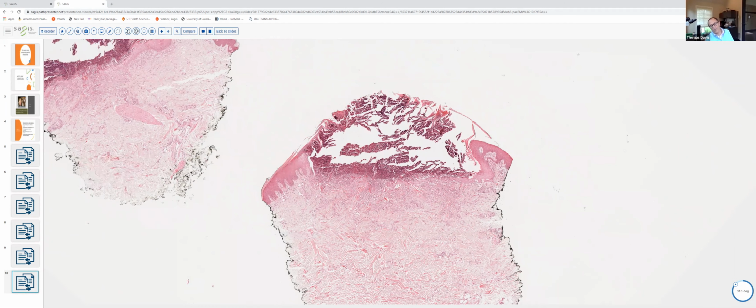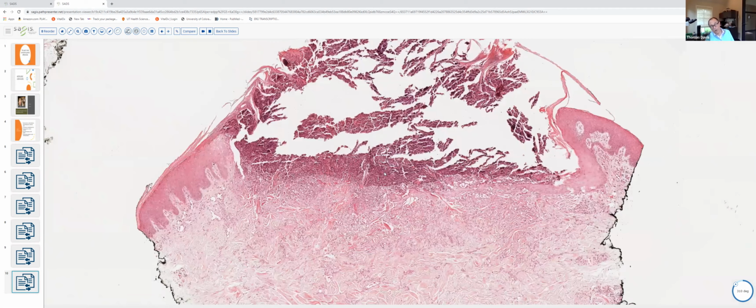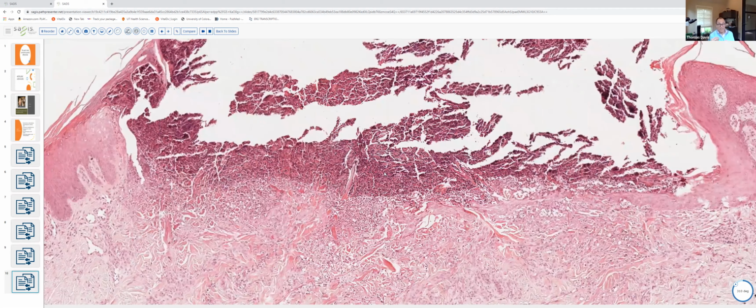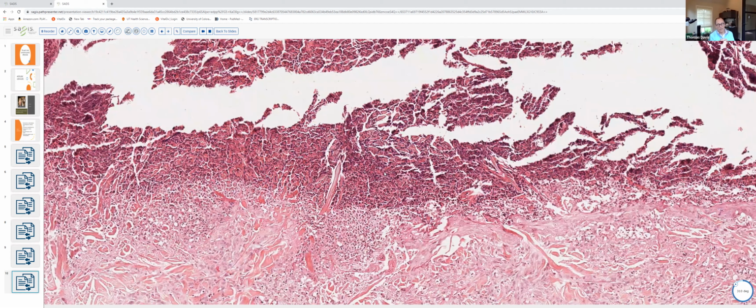Frequently, one sees a centrally located ulceration. And rather than seeing transepidermal elimination of these bulky, brightly eosinophilic elastic fibers that are increased in number, what one sees is vertically oriented collagen bundles that are being extruded, usually from the surface of the ulceration.